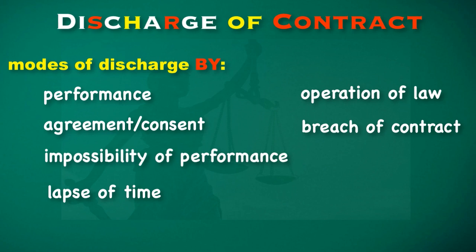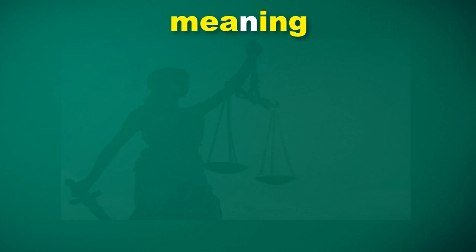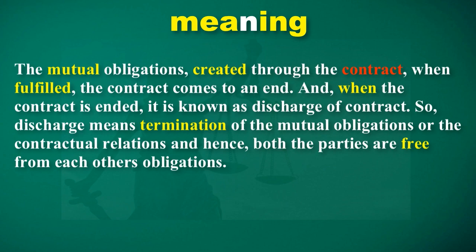Let's start with the meaning. What is the technical definition of discharge of contract? As defined, when the mutual obligations created through the contract are fulfilled, the contract comes to an end, and when the contract is ended, it is known as discharge of contract.